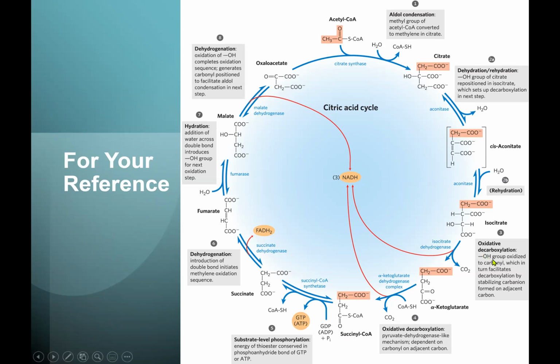Those happen together. We go from isocitrate to alpha-ketoglutarate. Then we have a second decarboxylation to succinyl CoA. So we've gone from 6 carbons to 5 carbons to 4 carbons. Everything after this point is going to be 4-carbon molecules, okay?